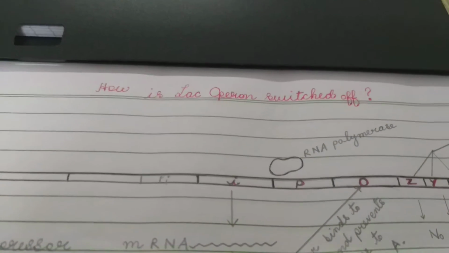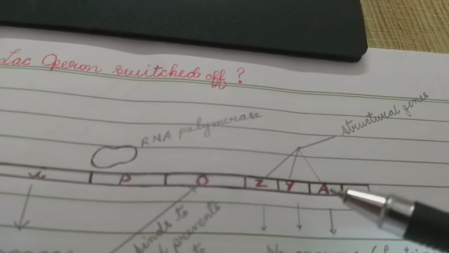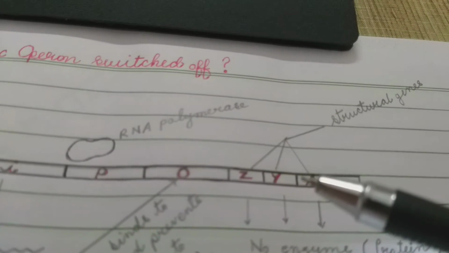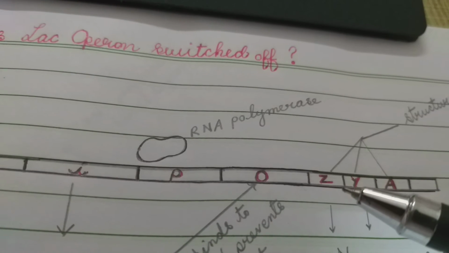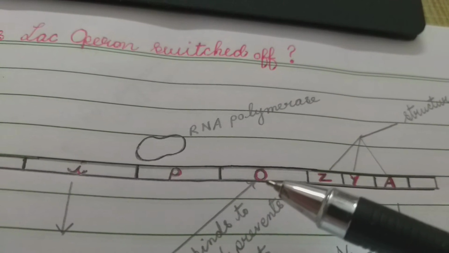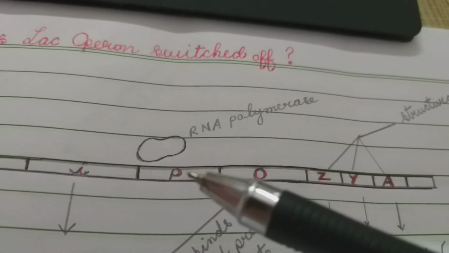This is the operon. These are the three structural genes Z, Y, A. Adjacent to Z, Y, A, this is the operator gene. Adjacent to operator gene, this is the promoter gene.